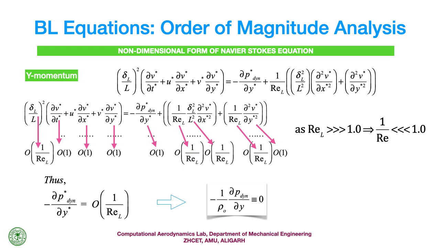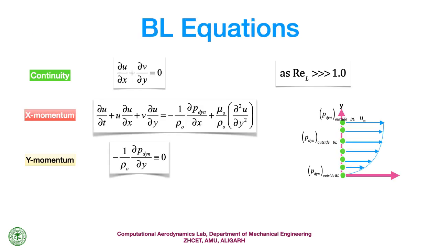we can conclude that the pressure gradient in the wall normal direction, that is the y direction, becomes 0. Let us first summarize and then I will explain what happens when the y direction derivative becomes 0.